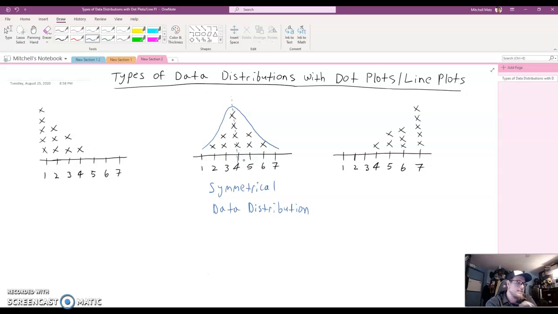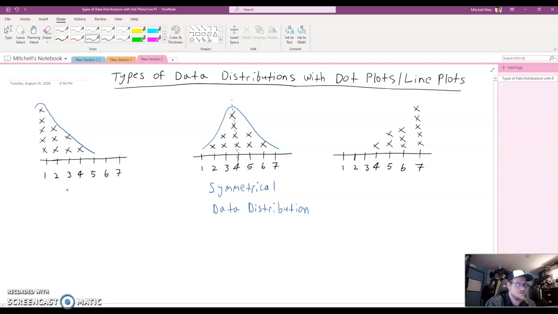Now let's go to the left one. I'm going to do my mountain again, and this time I am going downhill as I go to the right. This is a downward slope, and most of my data is to the left. You have to remember: most of my data is to the left, but it peters out, or the data starts disappearing, to the right. So this is called a right skew distribution.